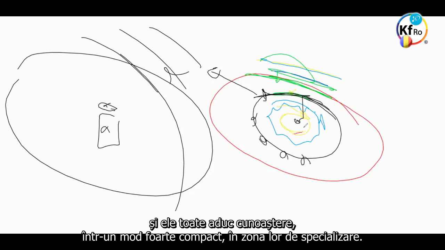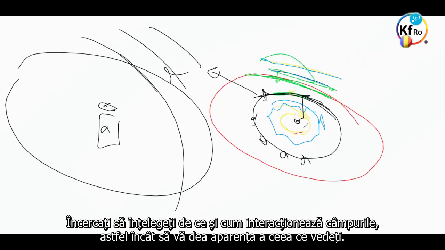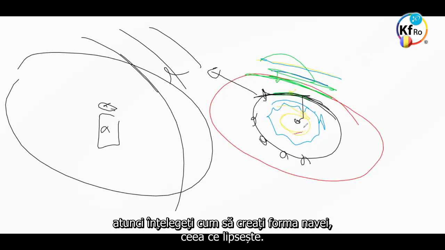They are all bringing the knowledge in a very compact way in their own zone of speciality. Try to understand why and how the fields interact, and then give you the appearance of what you see, not what has been accepted. And then if you understood how the eggshell is created, you understand how you can create the shape of the craft.